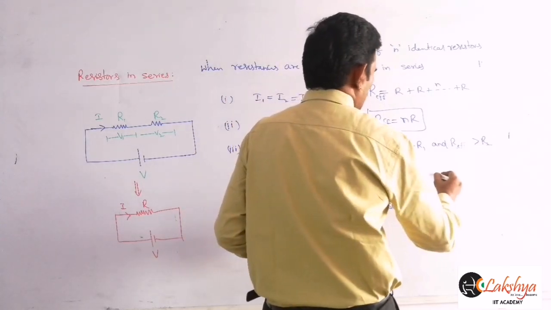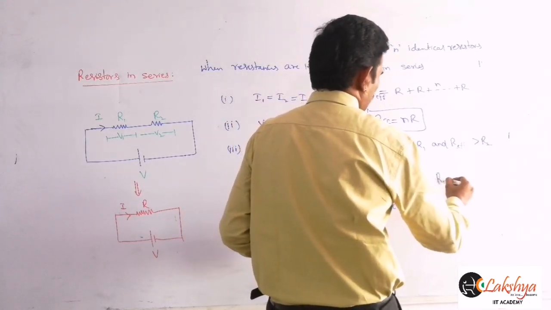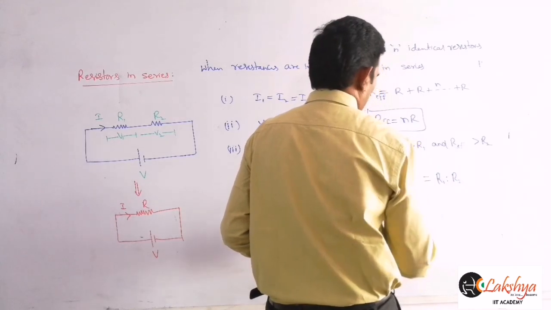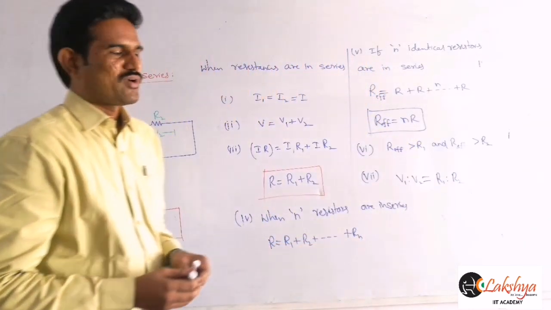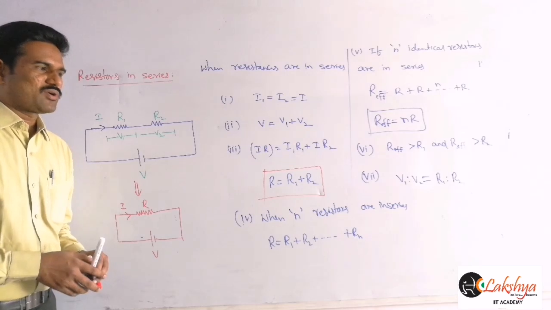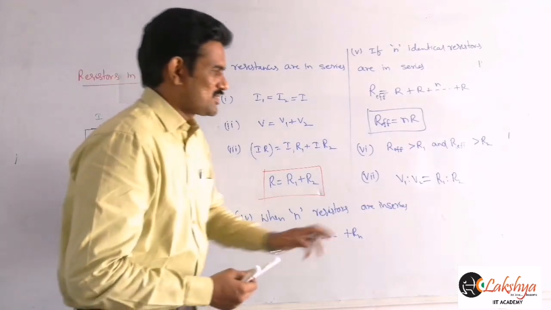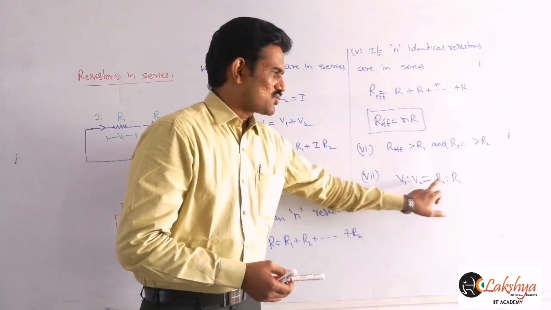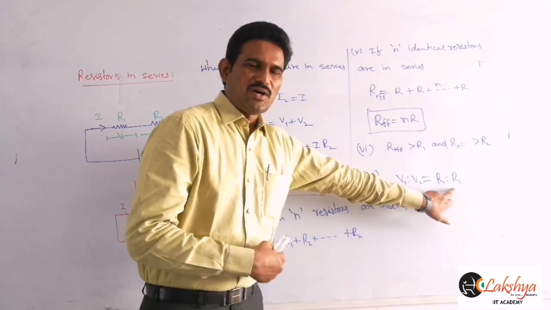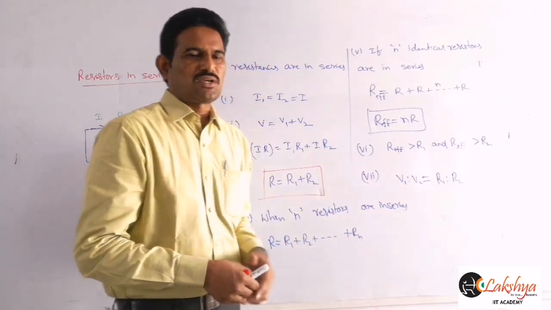Then we can write this expression as R1 is to R2, right? If two resistors are joined in series, then the ratio of their potential differences will be equal to the direct ratio of their resistances only. Because this V1 we can write as IR1 and V2 as IR2. I will be the same when they are joined in series, so you can cancel that.